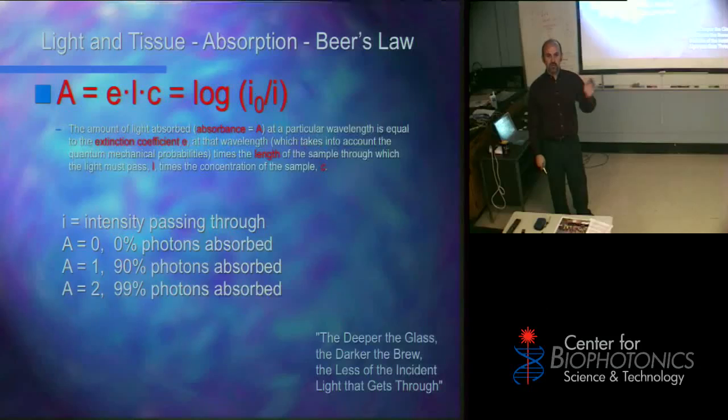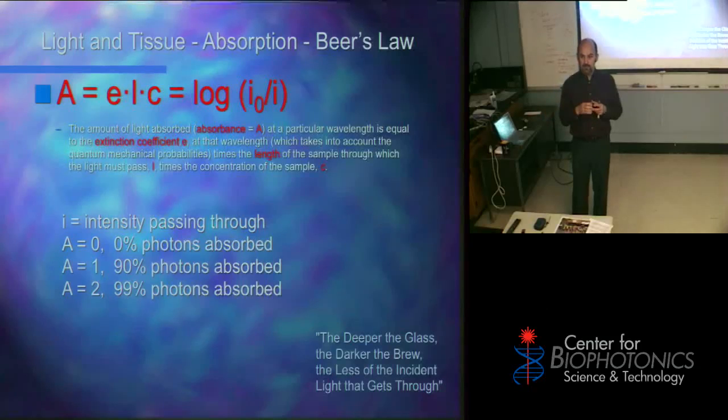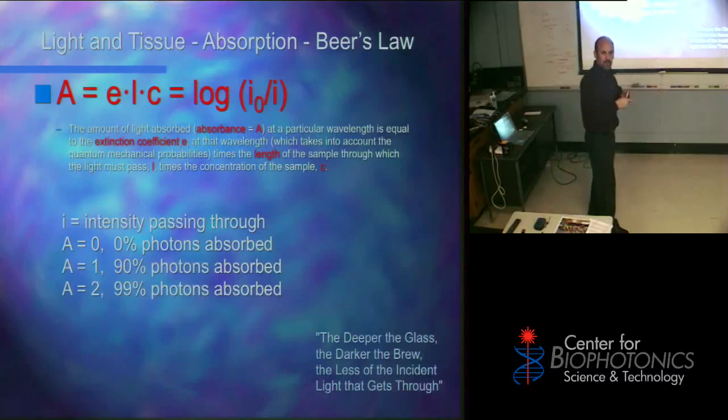So DNA will absorb at 250 nanometers this much. It's very specific. Then I multiply it times the path length of how much of my molecule the light is going through, times the concentration of my molecule. So you can imagine, if I double my concentration, my absorption doubles. If I double the length that I'm passing my light through, my absorption doubles.